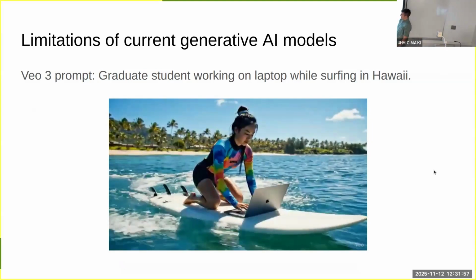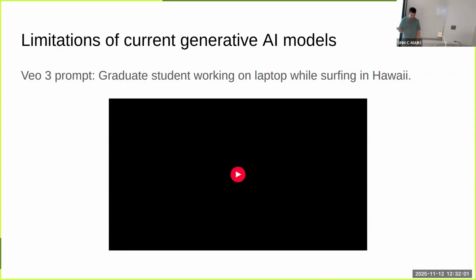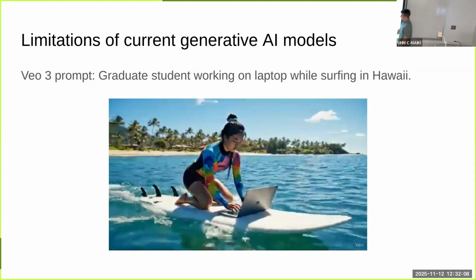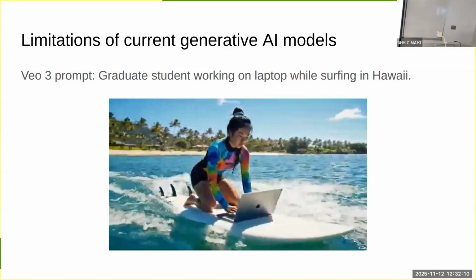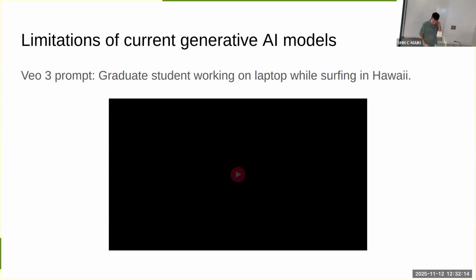But the point is that these video generation models are kind of bad with physics. You can't really see it, but the leash is there, and then it disappears. The fins, of course, are sticking up on the board. But it looks great, right? If you just glance at it, it's fine.